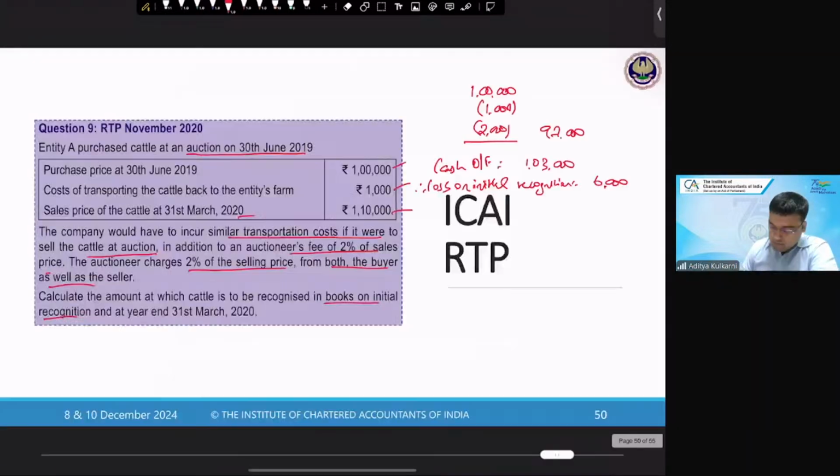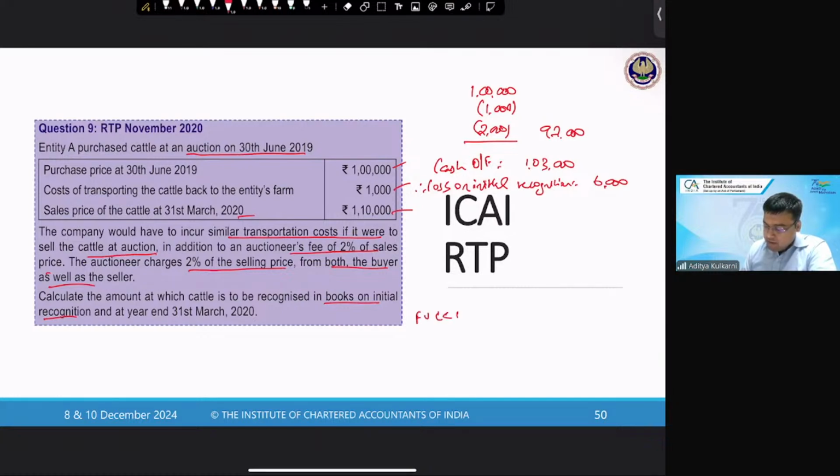Now, 31st March 2020, fair value less cost to sell is equal to 1,10,000 minus 1,000 minus 2% of selling price. So 1,10,000 into 2%, that gives you how much? 2,200.